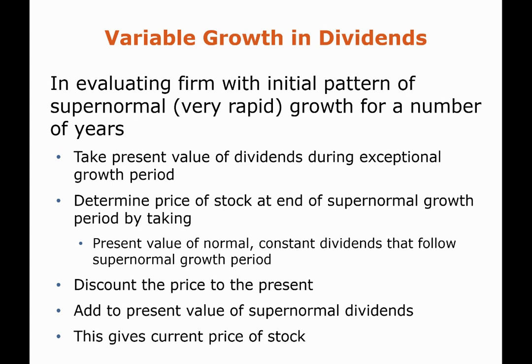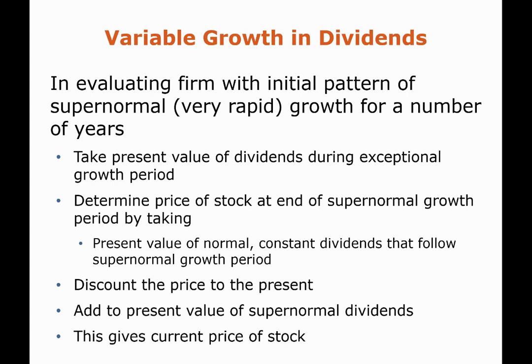Remember, the key idea for us here is the value of the stock is basically the present value of the future cash flows. If we can estimate the future cash flows, then we can determine the value of the stock today. So if we know the future cash flows, and we have a required rate of return, then we should be able to discount those future cash flows and determine the value of the stock.